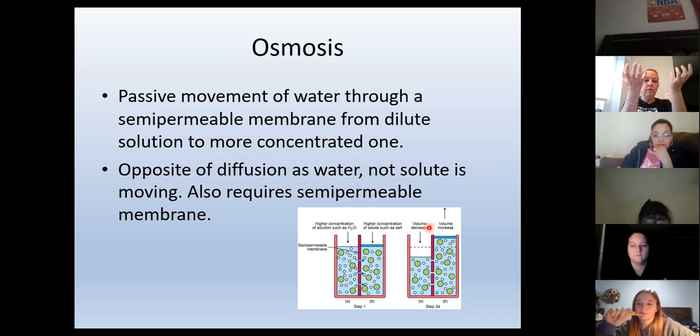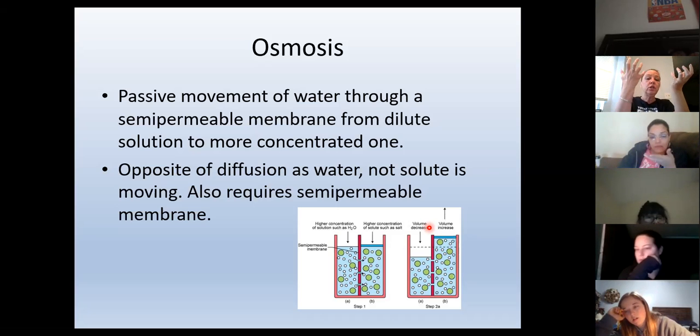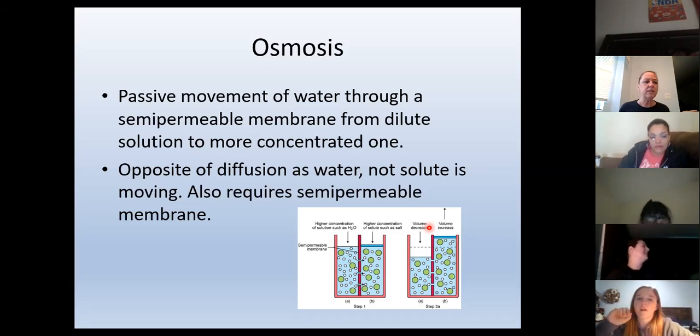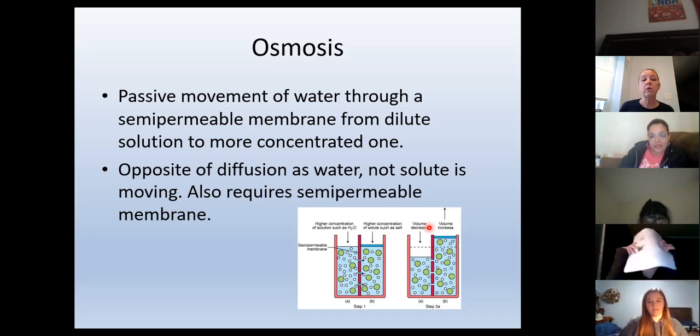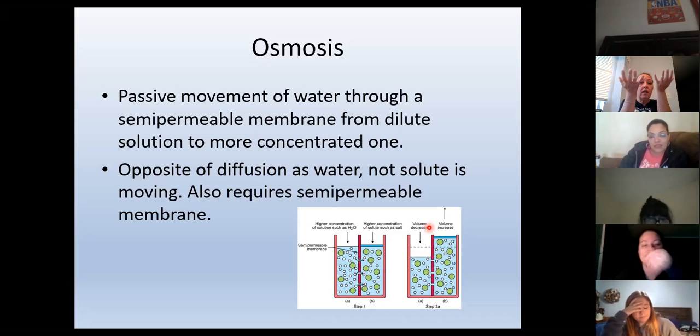Which way do I need to move the fluid to make these two things equal? Dilute. I need to move from dilute to concentrated, because remember, we're moving fluid. I know some of you are like, well, why aren't we just moving stuff from concentrated to dilute? That would be great if we were moving molecules, but we're not. We are moving fluid.